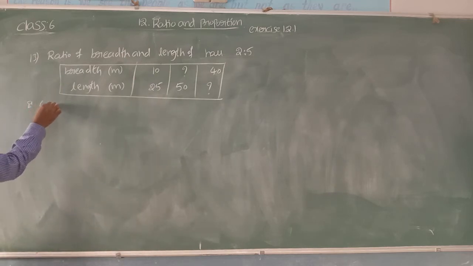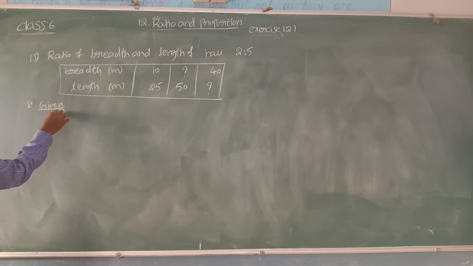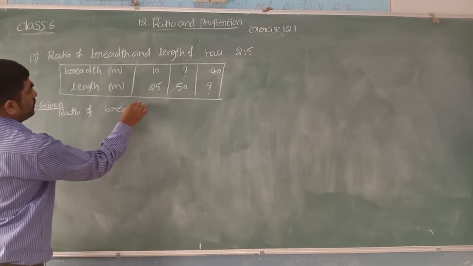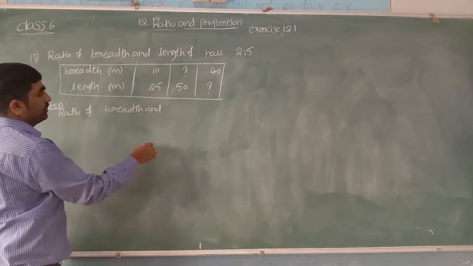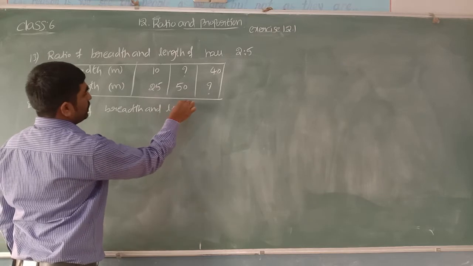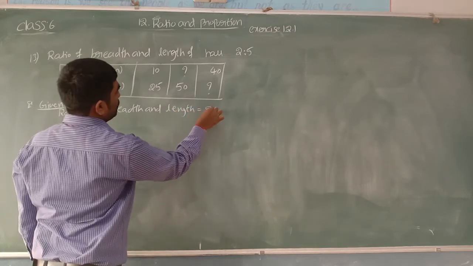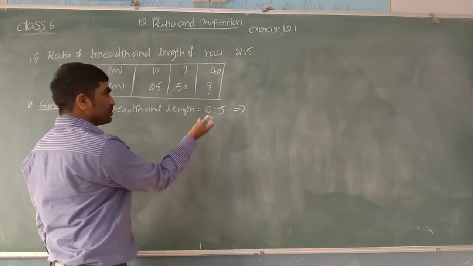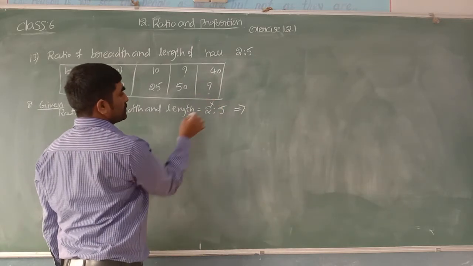Now, let me write here: given ratio of breadth and length. The ratio of breadth and length is equal to how much they gave? 2:5. As I said, ratio means simplest form. So before simplest form, in the place of 2, we don't know what we have.